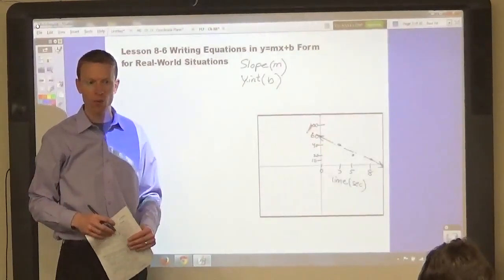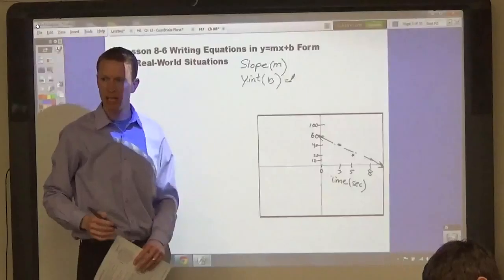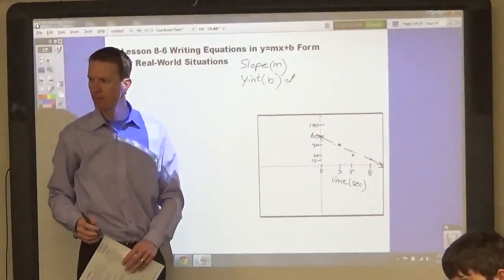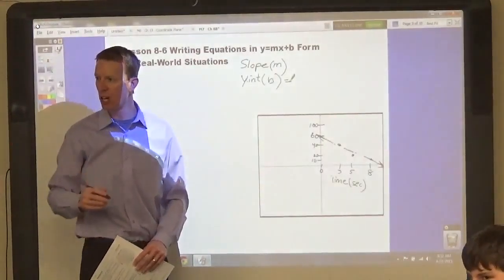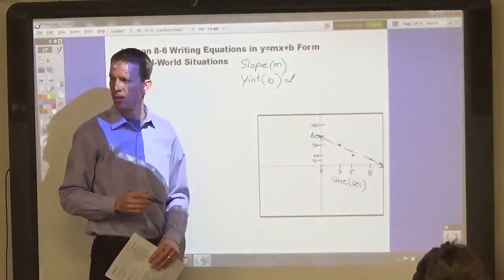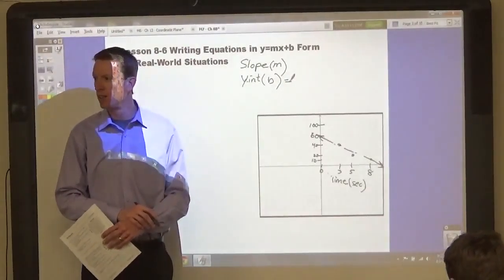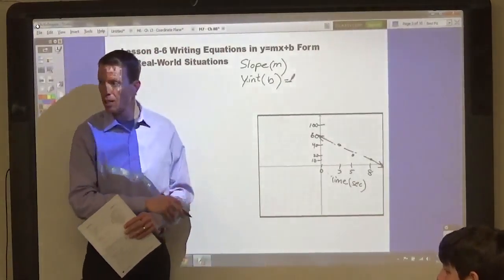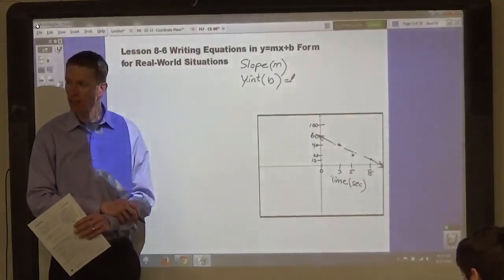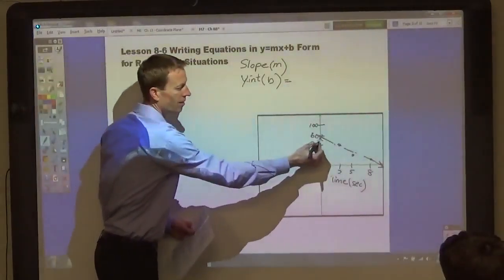So this is the point that we would write for B, right? What is B then in our equation, John? It would be the y-intercept, which is what number in this case? Where is it intercepting the y-axis?